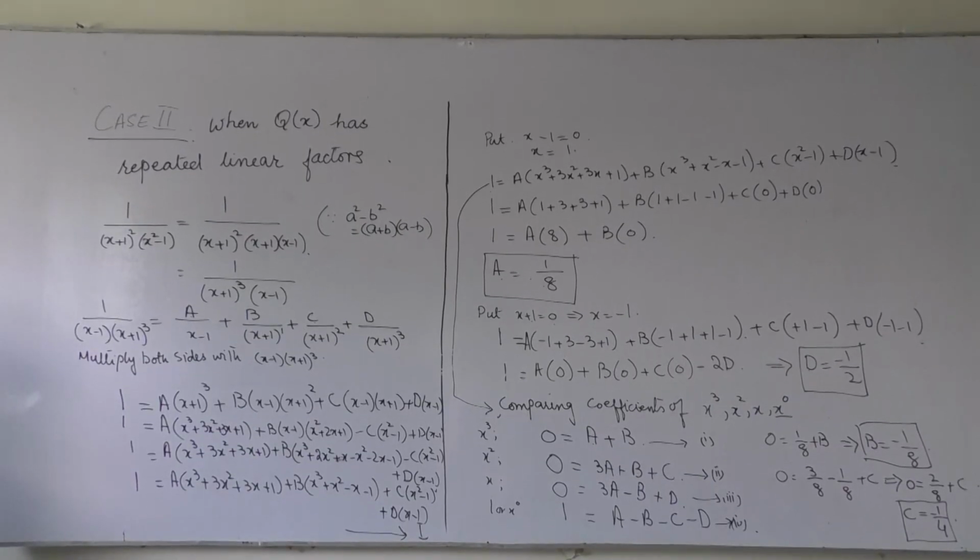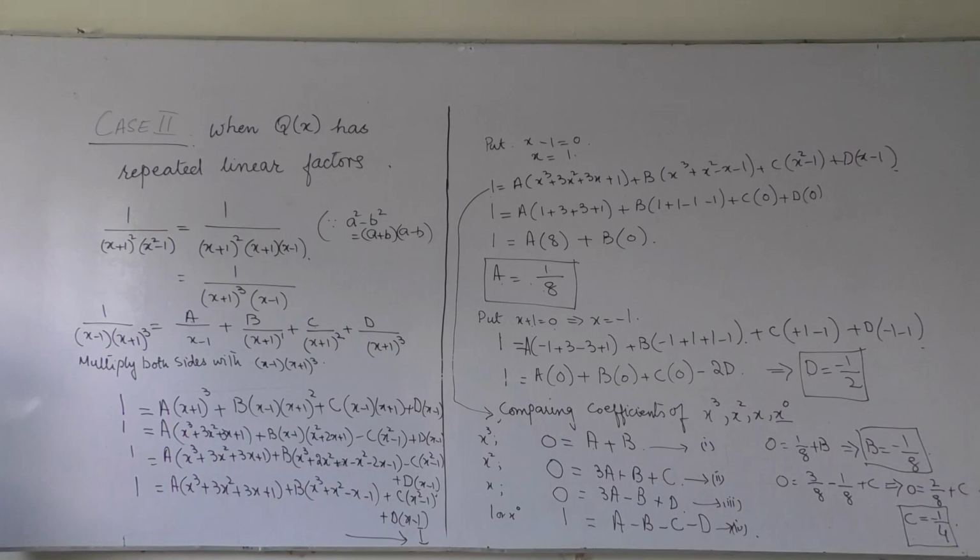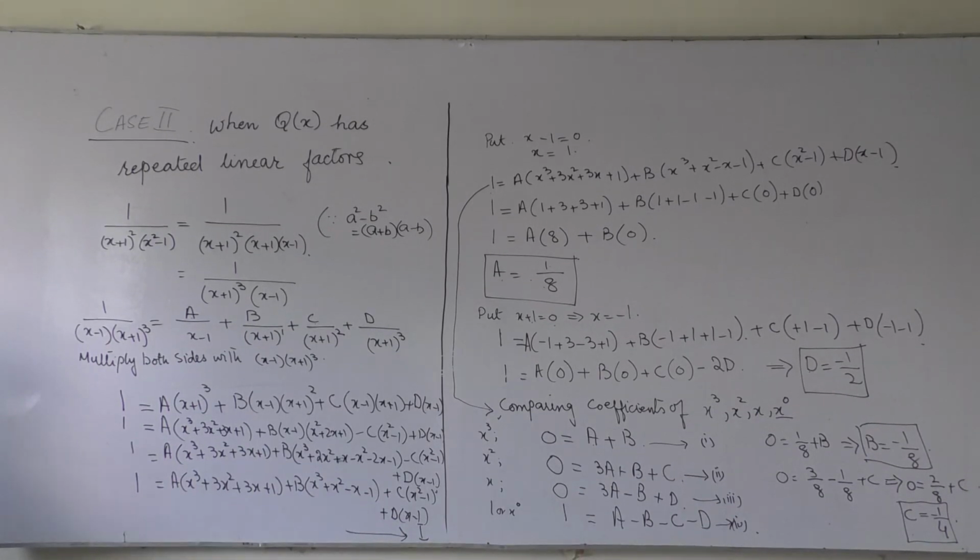So girls, follow this example and solve exercise 5.2. Here in first question, in denominator we have x minus 1 raised to the power 3. Again, you will use repeated linear factors.